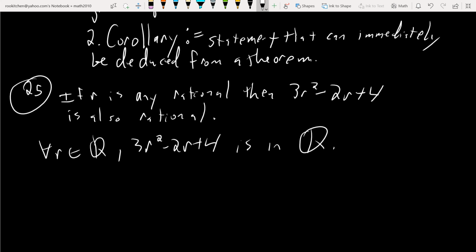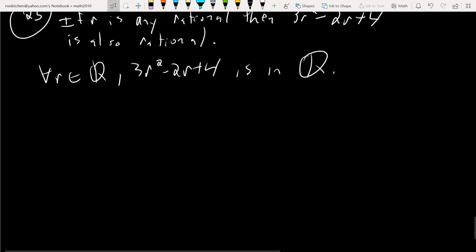Okay, so the first thing I'm going to do is prove that the pieces and parts are rationals. So suppose r is a rational number.